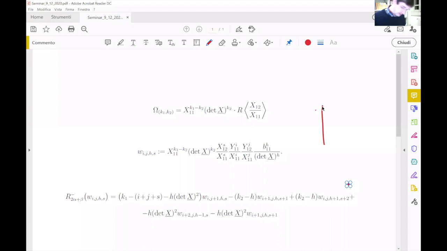Oops, sorry about this. So here you see I have this description of this sheaf omega k, and you see that these W, I, J, H, S are exactly the generators, here we are in the Siegel case.